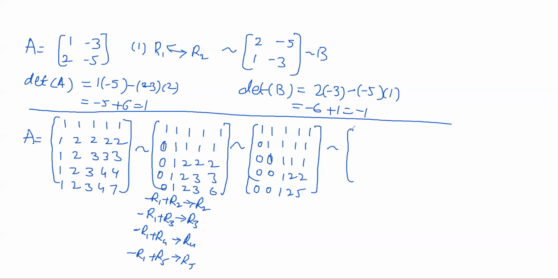And the next row operation will give this matrix: 1, 1, 1, 1, 1; then 0, 1, 1, 1, 1; then 0, 0, 1, 1, 1; and then 0, 0, 0, 1, 1; and the last one will be 0, 0, 0, 1, 4.